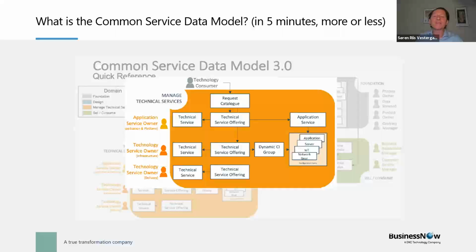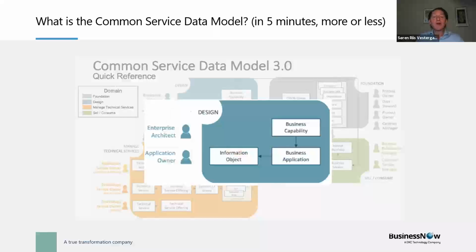So the application services each represent a deployed application stack with all the connected infrastructure underneath. And these application services are part of the technical service offerings. Some of them will be building blocks for service owners to build customer-facing services, and some of them will be more like internal service provider services.